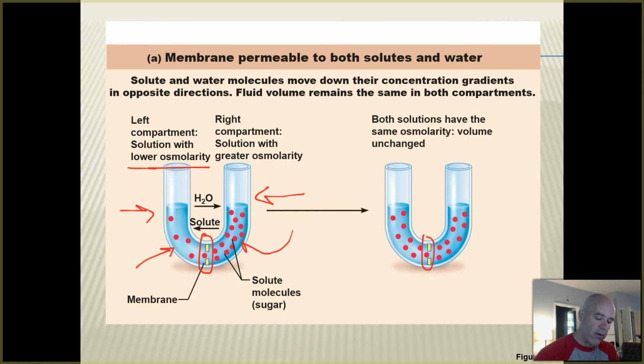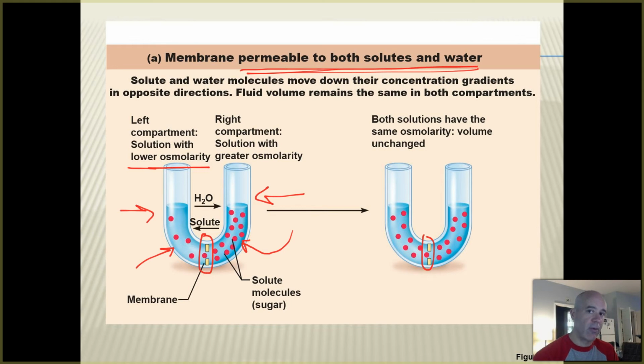And over here, you put in a solution with a high concentration of solutes. The solute could be a sugar molecule like glucose. In this case, we're going to say that this membrane is permeable to both solutes and water. So it's a very permeable membrane. So water can move across, and so can the sugar in this case.